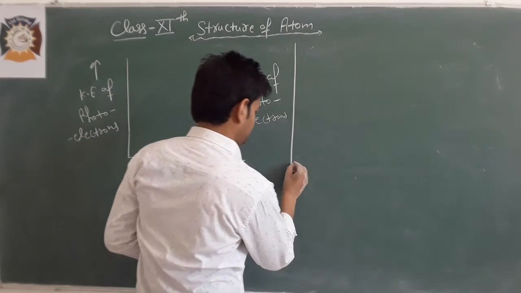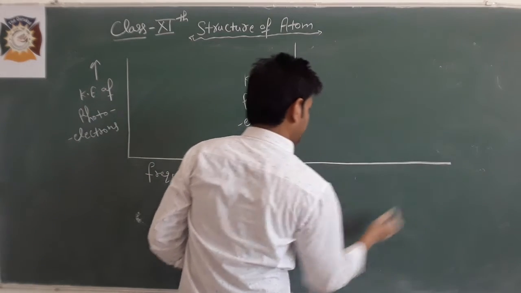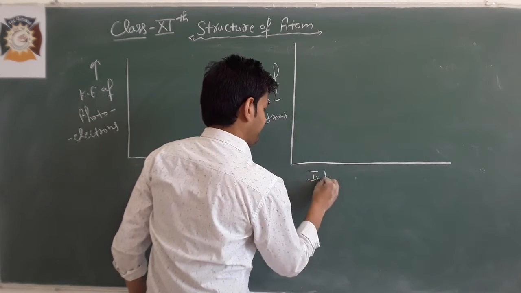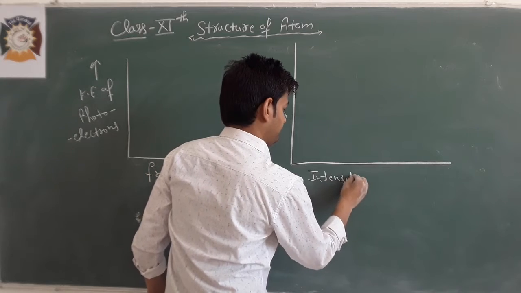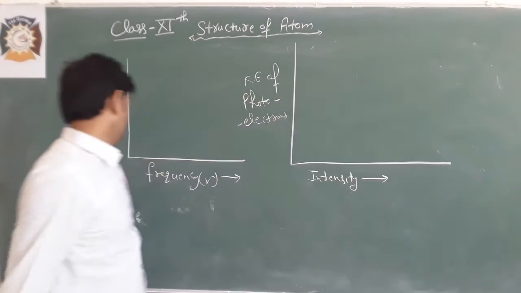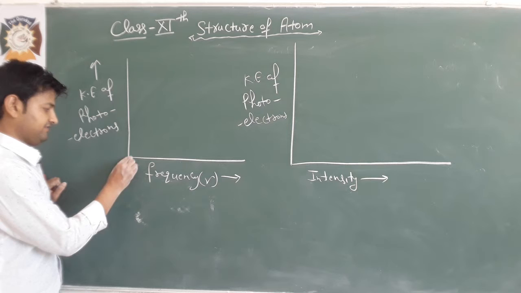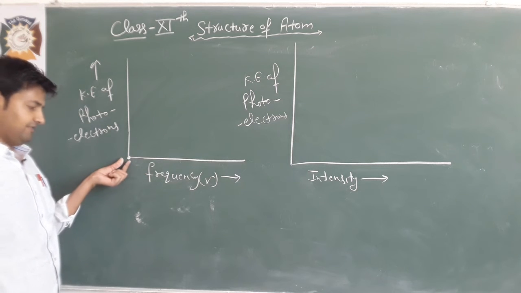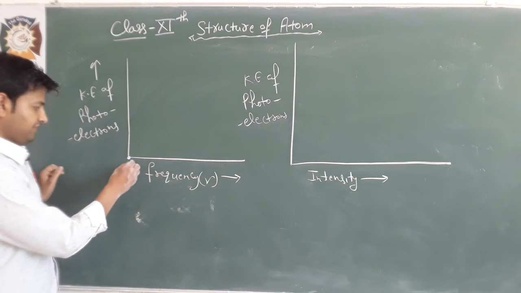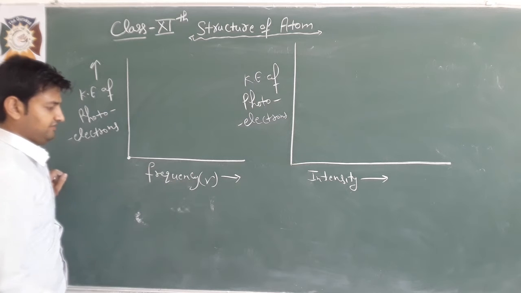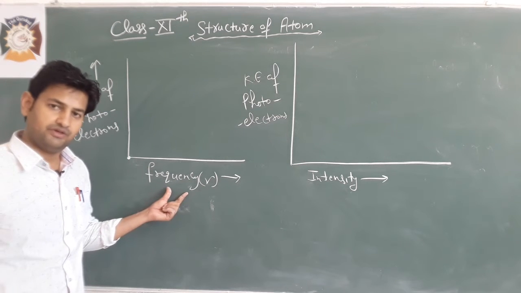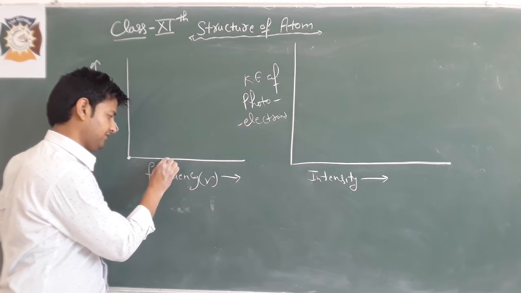So this is intensity. When we start applying frequency, the frequency at that point is 0. When we increase the frequency, the applied frequency becomes equal to the threshold frequency.